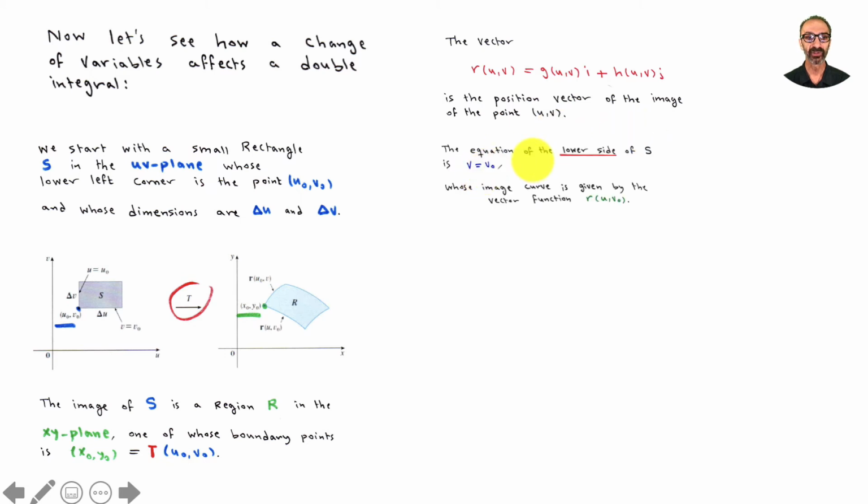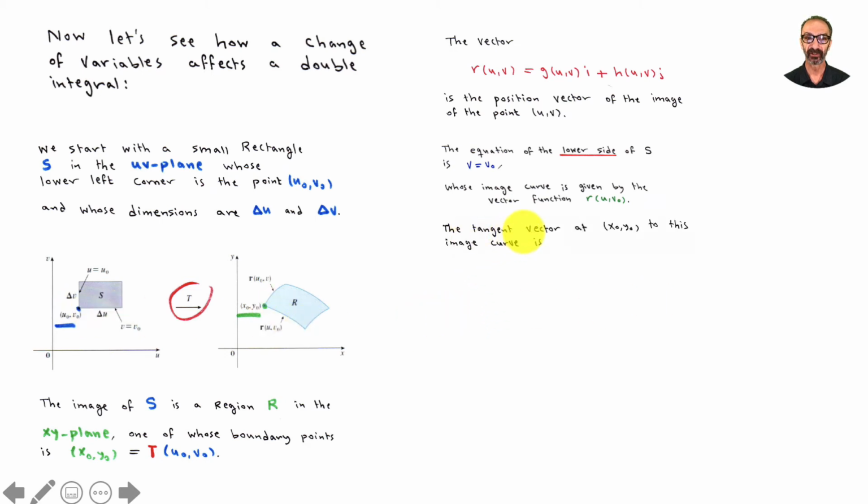Now, the equation of the lower side of S is v equals v sub 0. So this right here, when v is fixed, will be the lower side of S, whose image curve is given by the vector function r of u, v sub 0. That's this right here, so this will be imaged right here.